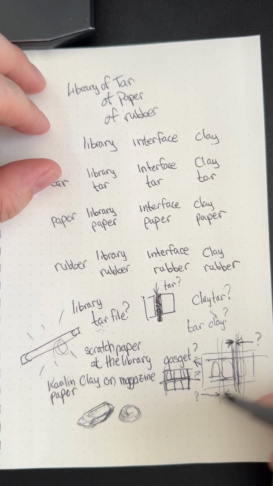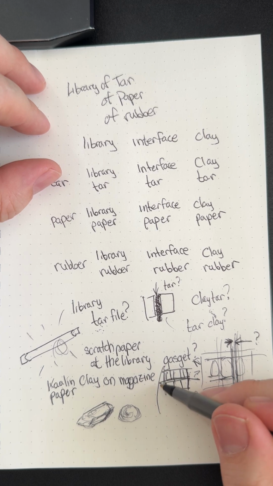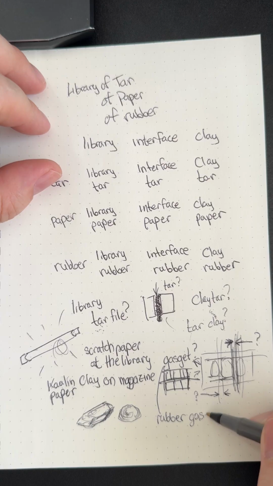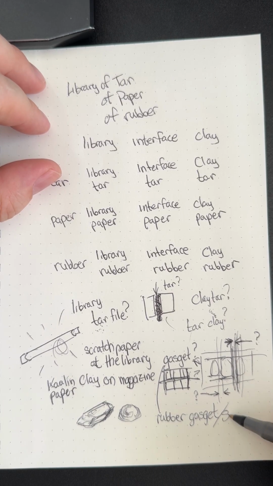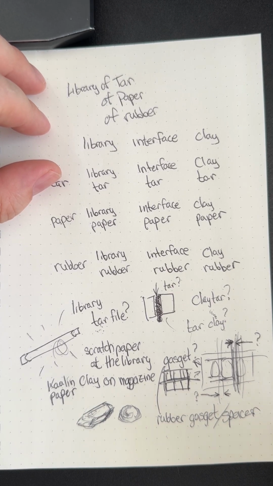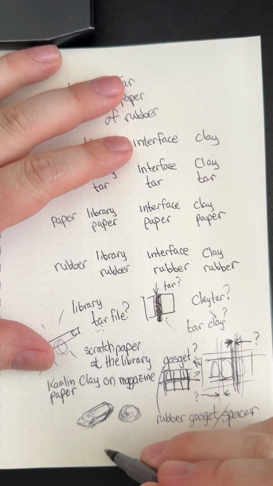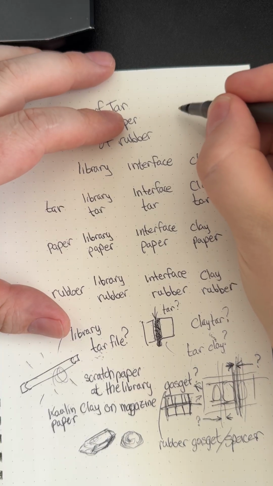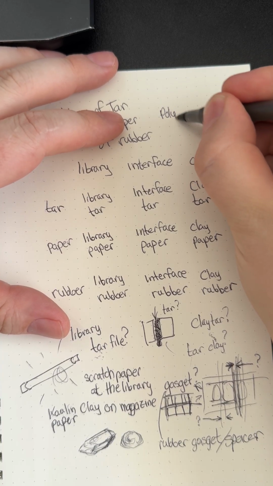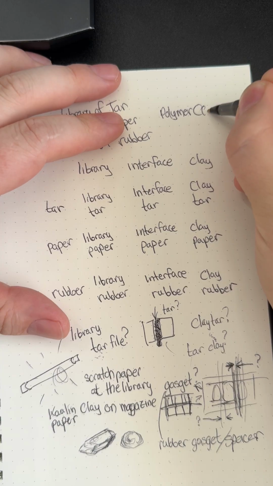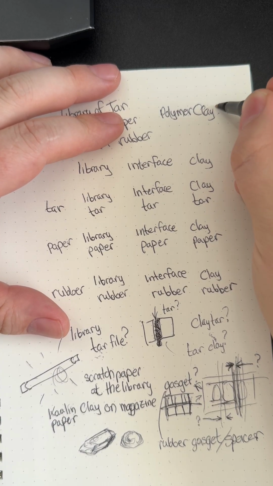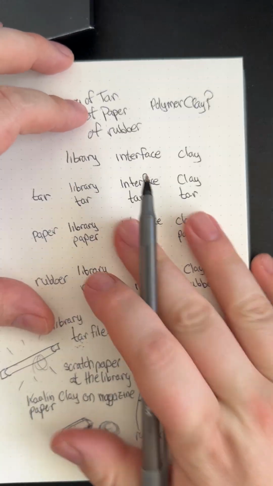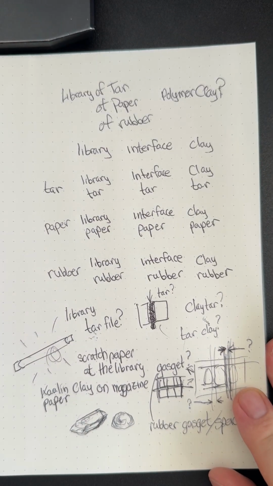Interface rubber, again I would think that would just be a rubber gasket or spacer. And clay rubber, not sure what that would be. Rubber clay. Oh, they have polymer clay. So maybe that would count. All right, well, that's it for that one.